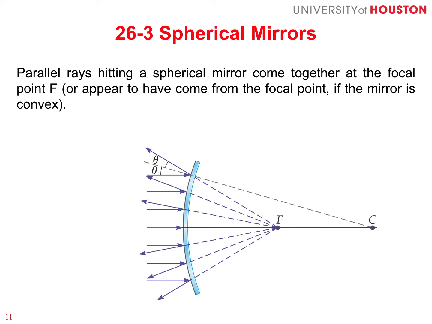With a convex mirror, the reflected rays appear to come from the focal point, but they don't actually originate there. The focal point, which is denoted by F, is closer to the mirror than the center of curvature, which is denoted by C.